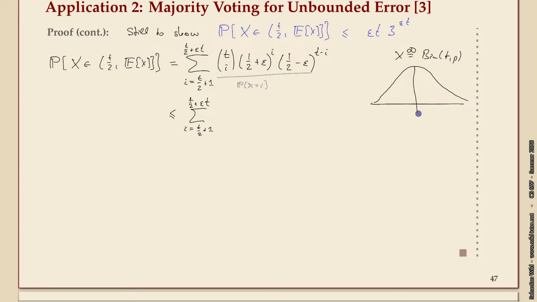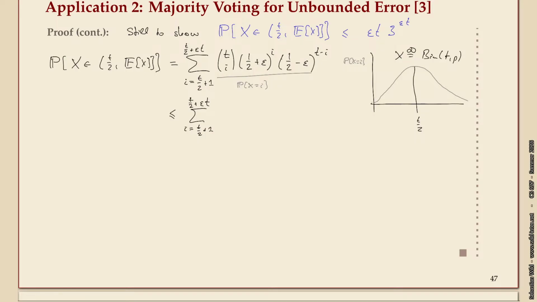So it has a peak at the expected value. If you plot that as a function, this gray thing. And so we can upper bound the sum by replacing all summands by the largest summand.